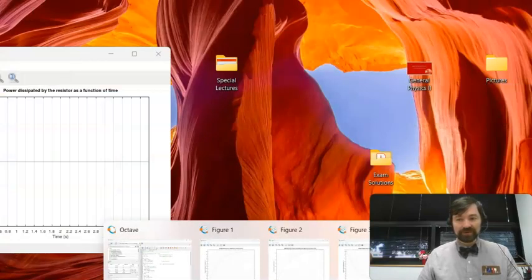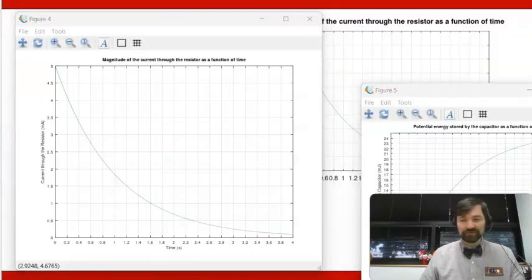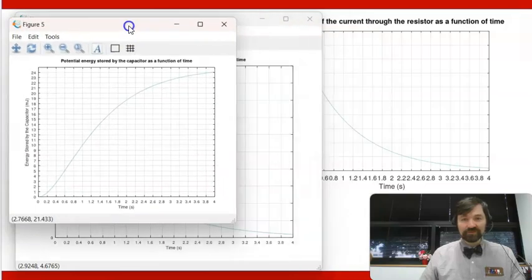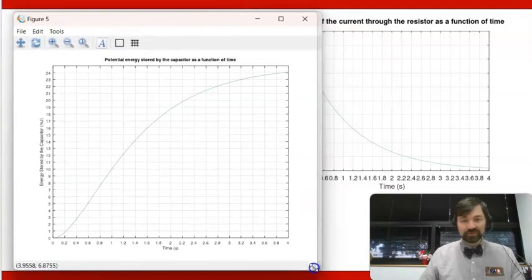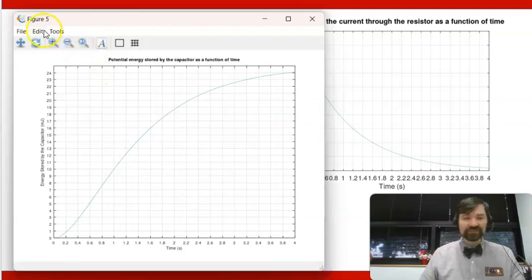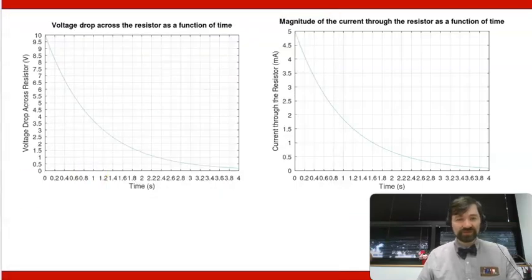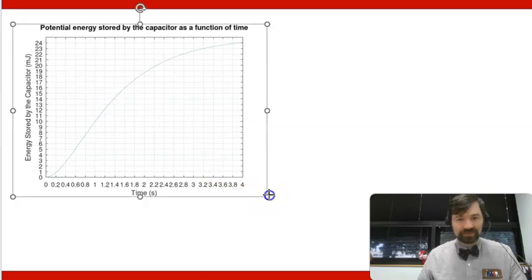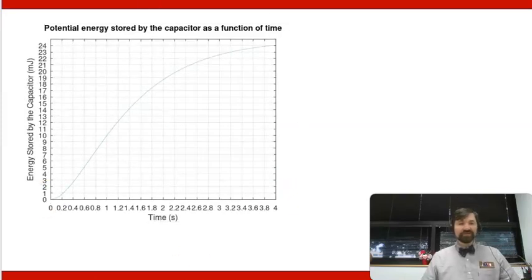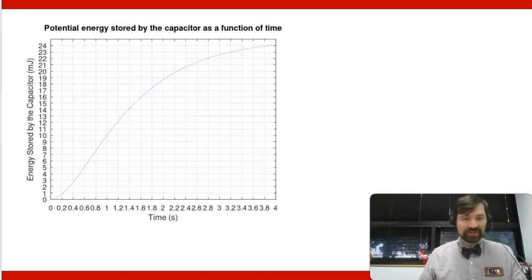I'm not going to do the power graph, but I'll do the stored energy, which is this one right here. How do you get stored energy? So this one's different than the other two for the capacitor. The capacitor, again, is actually storing energy. And this one looks kind of sort of like these two, but it's not really.